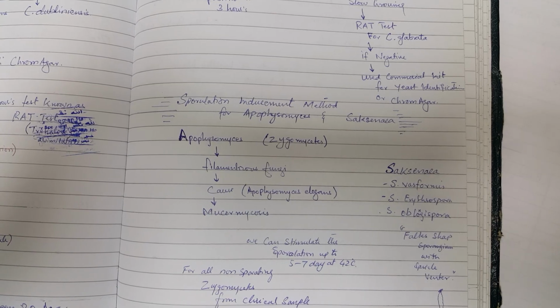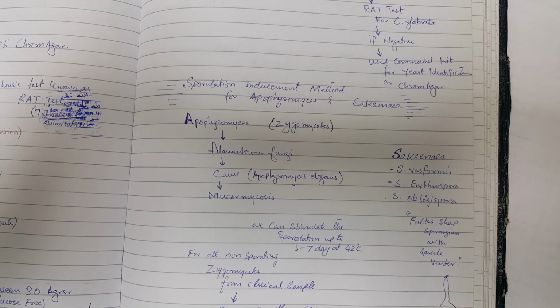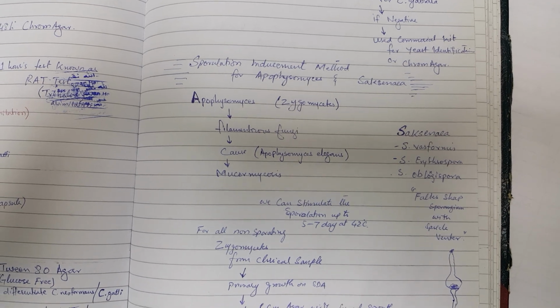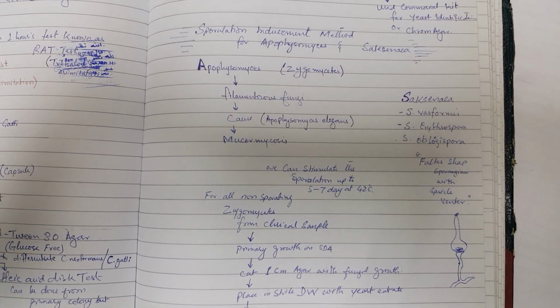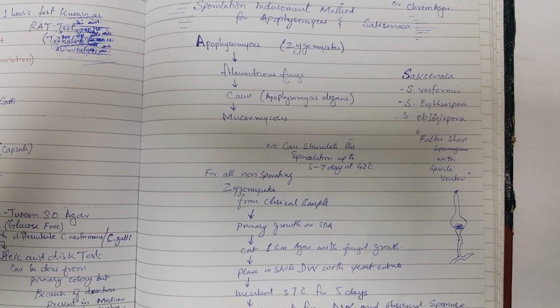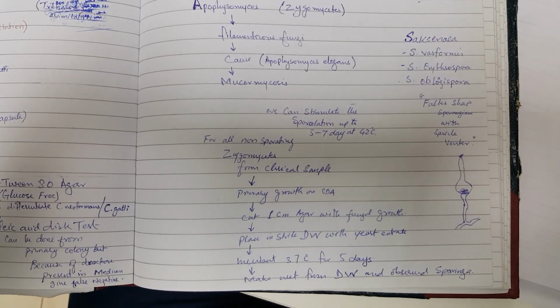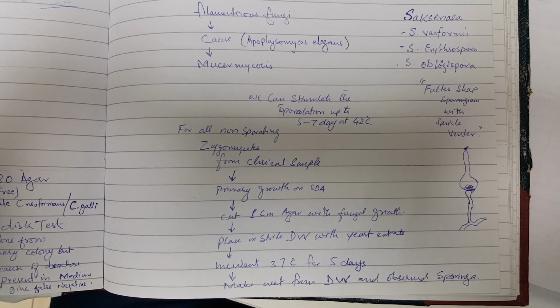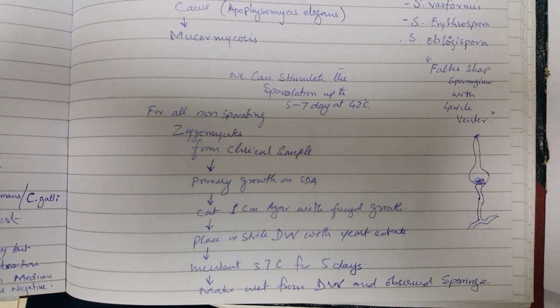We can stimulate sporulation in 5 to 7 days at 42 degrees centigrade for all non-sporulating zygomycetes from clinical samples. From the primary growth on SDA, take a 1 centimeter agar piece with the fungal growth and place it into sterile distilled water with yeast extract. Incubate at 37 degrees centigrade for 5 days, make a wet mount from the distilled water, and observe the sporangia.